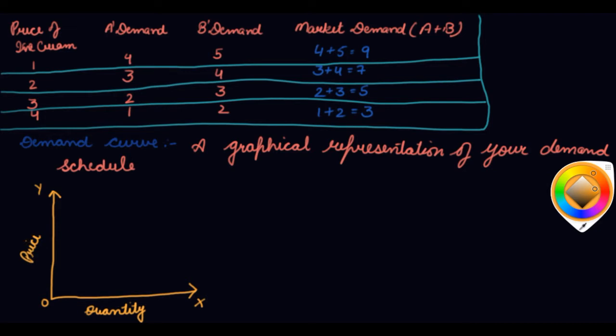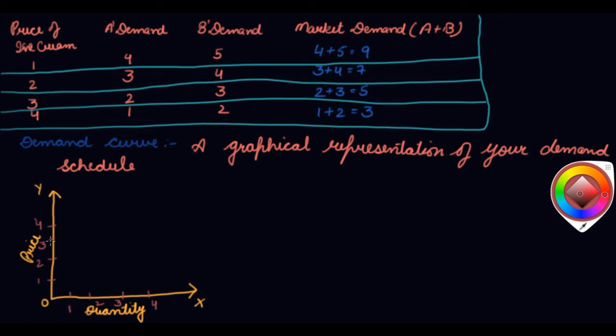Now let's plot the demand of A. Price is 1, 2, 3 and 4. Your quantity demanded at price 1 is 4, 3, 2 and 1.